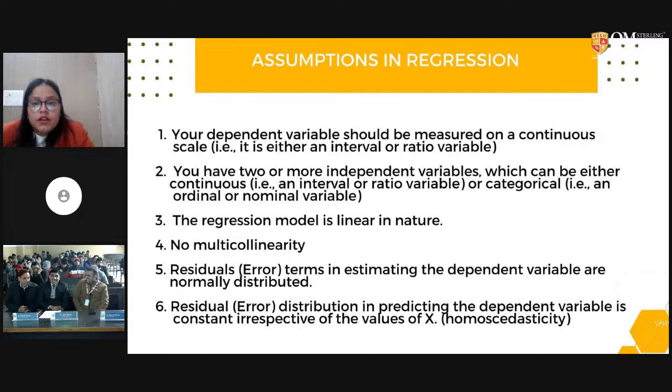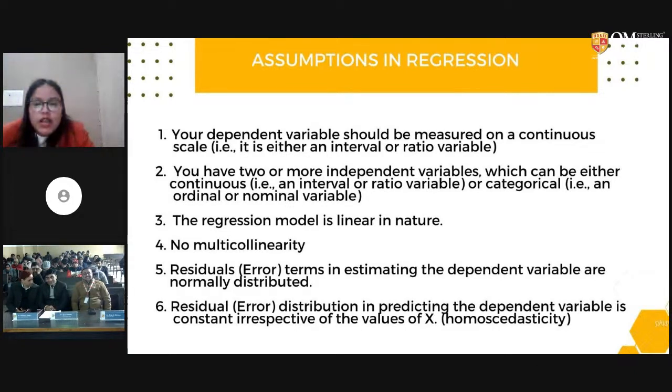Fifth is the residual error terms in estimating the dependent variable. They have to be normally distributed. When we talk about normal distribution in regression analysis, we do not check the normal distribution of the variable, we check the normal distribution of the residual error terms. That is the E term we have already discussed in the equation, which is the residual error of a particular regression equation, unexplained in the dependent variable.